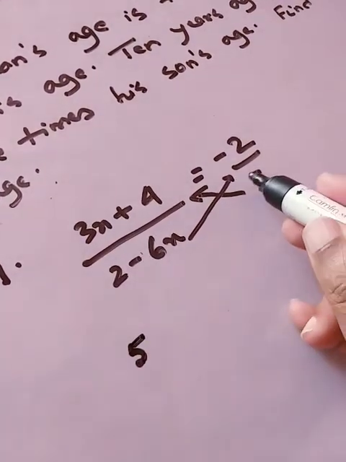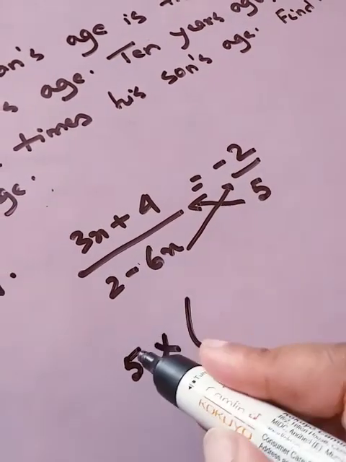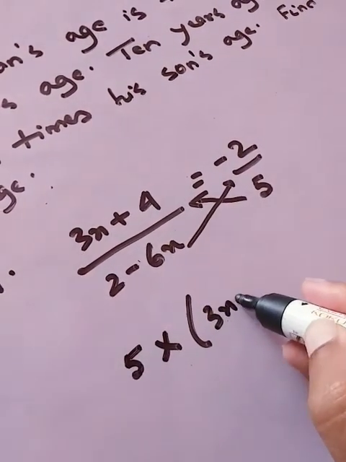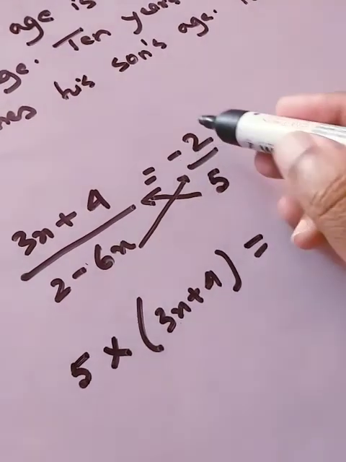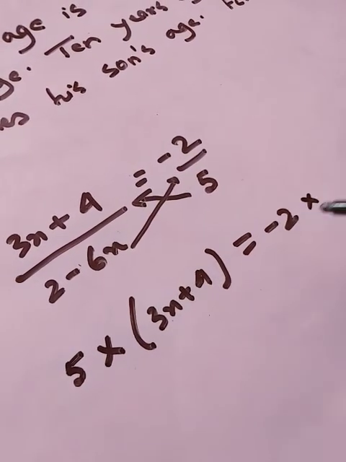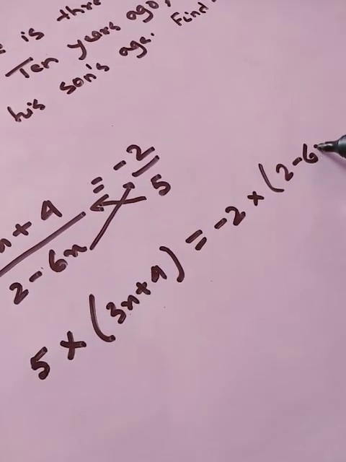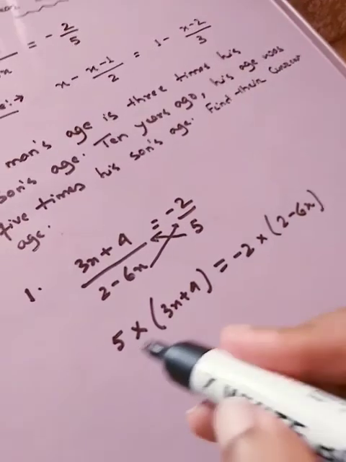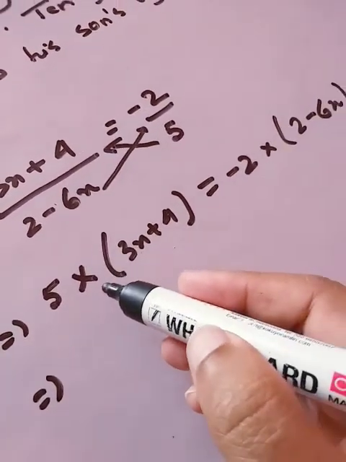Because this is a monomial and this is a binomial, I have said so many times that when you're multiplying a monomial with a binomial, you're supposed to keep the binomial inside the bracket. This is also a monomial, so this monomial needs to be multiplied with the binomial, so the binomial would be inside the bracket. I hope you know how to open the bracket.